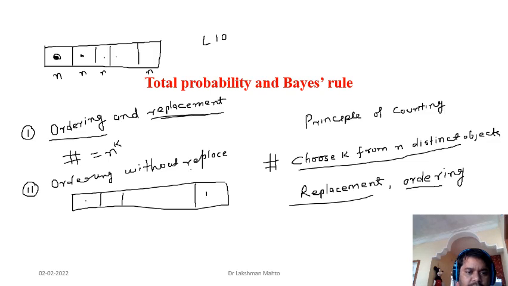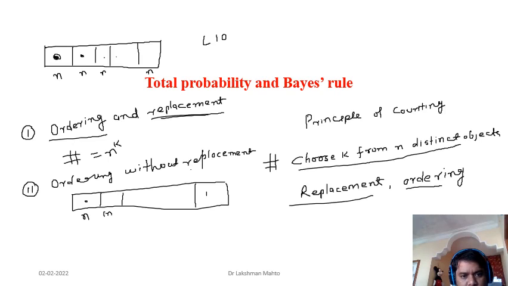If you come here, how many options are there to fill up the first box? n options, and there is no replacement. If you come to fill the second box, how many possibilities would there be? n minus 1.